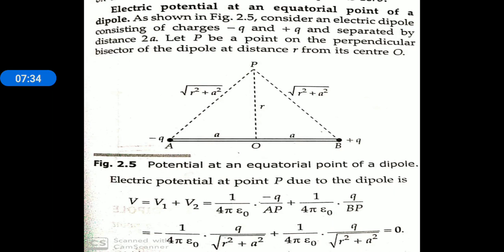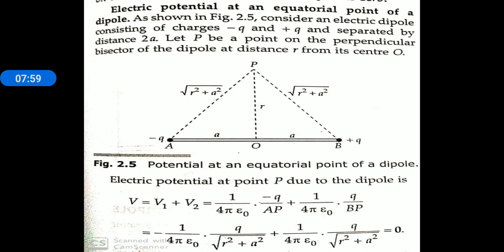Now we will calculate electric potential at an equatorial point of a dipole. Now what do you mean by the equatorial point? Equatorial point means the point on a line which is the perpendicular bisector of the axis of the dipole. Here AB is the axis of the dipole, O is its midpoint.